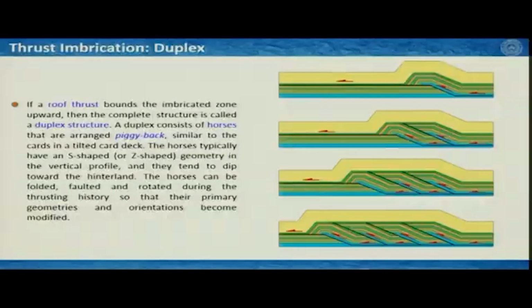A duplex consists of horses that are arranged piggyback. So let's try to understand this. We have this sequence, maybe one before, and then we have developed this ramp-flat model. This is the flat. Then we have the ramp.